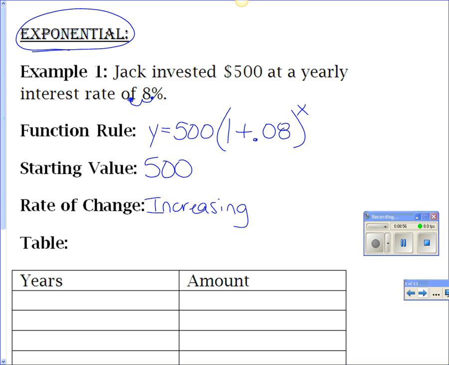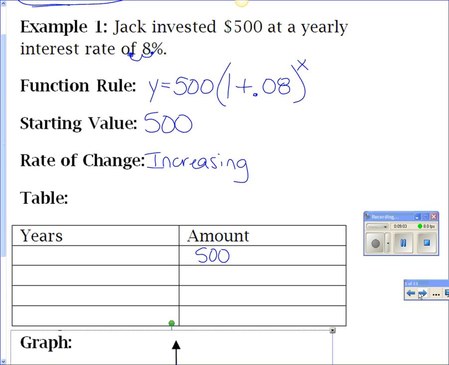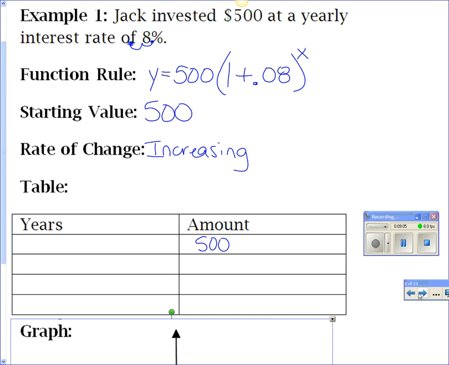Okay, so let's put 500 in for his first amount. So what number has to go with 500? 0, because it's your starting value. Where can we put that in our calculator to help us make a table? In y equals. Everybody go to your y equals.